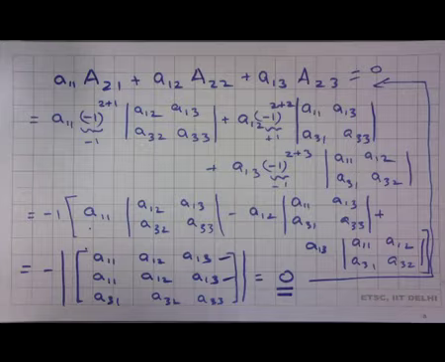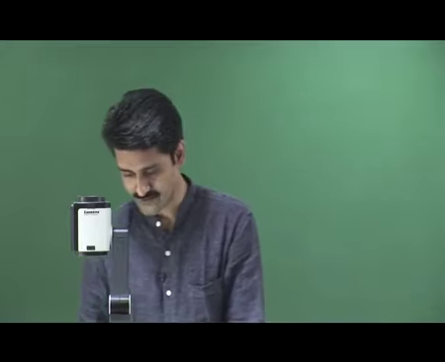So, this is an interesting property. If you take the sum of the product of entries of a row and their cofactors, that is the determinant. But if you replace their own cofactors with the cofactors of a different row, then that sums to 0, and that can be shown using this property. All right. So, that is this.